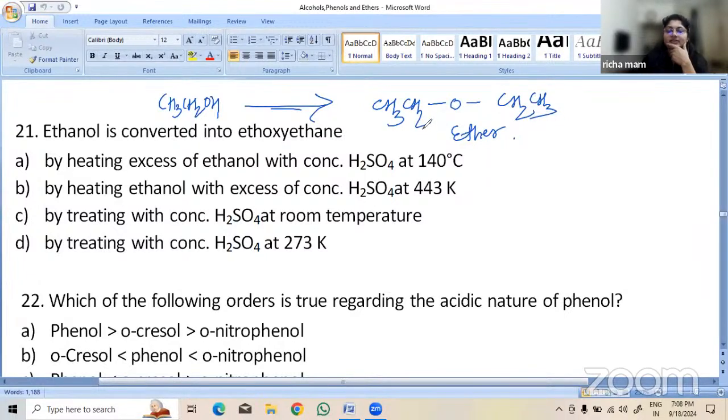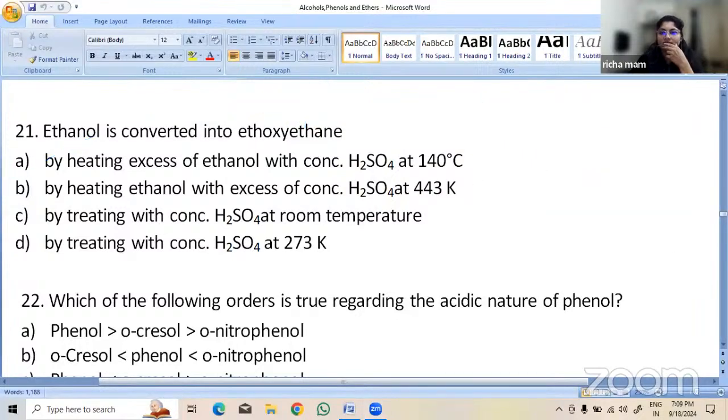By treating it with concentrated H2SO4 at 140 degrees Celsius. So option number A is the answer. When you treat ethanol with concentrated H2SO4 at 140 degrees Celsius, you are going to get the ether. Kanhaiya, Shri Varuni, Lubna, yes, your answers are correct. It is A.